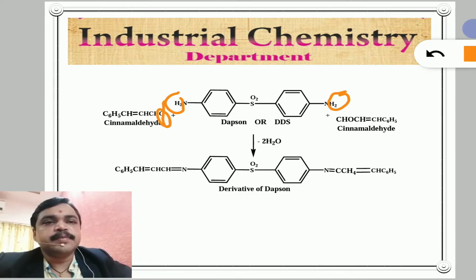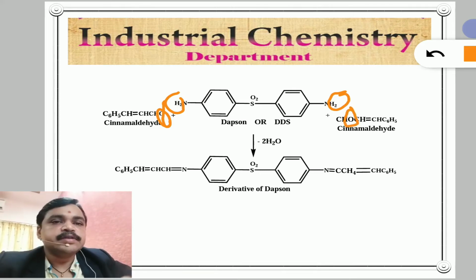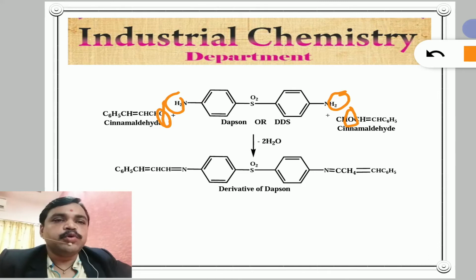It is from here and it is from here. So minus 2H2O. Two water molecules are removed and we get derivatives of Dapsone.